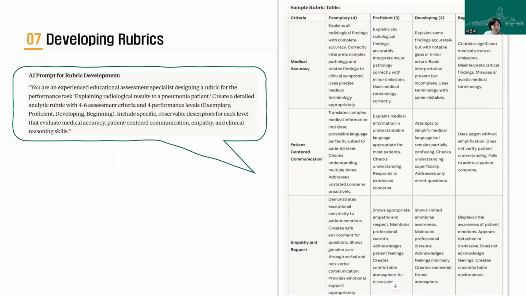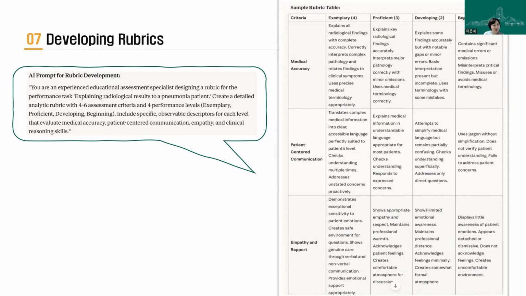We can use generative AI to make rubric development much easier and faster. Generative AI can accelerate rubric development significantly. Let me show you how. An AI prompt example is as follows. You are an experienced, and so on.